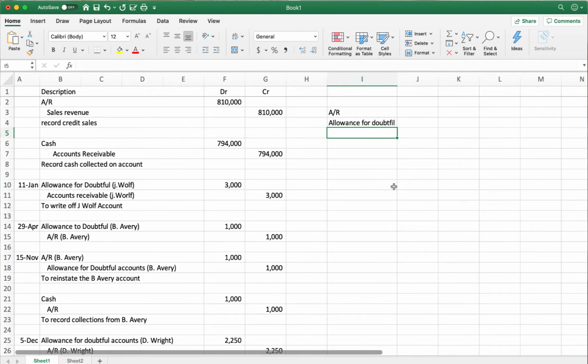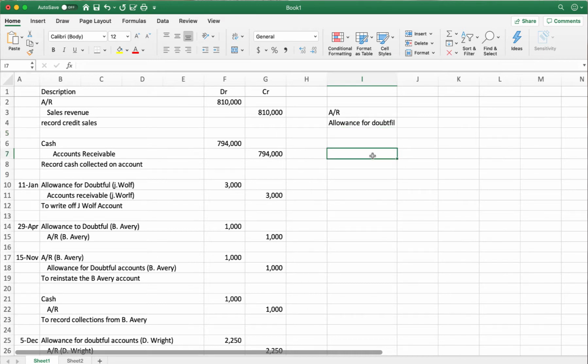Okay. Now, in order to do this, I need to calculate my accounts receivable ending balance. I need to calculate my allowance for doubtful accounts ending balance.